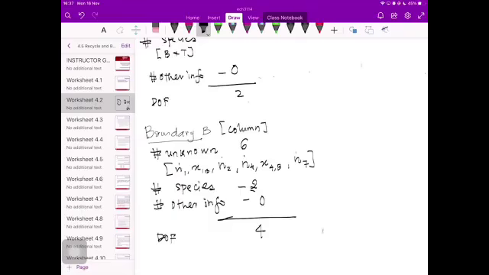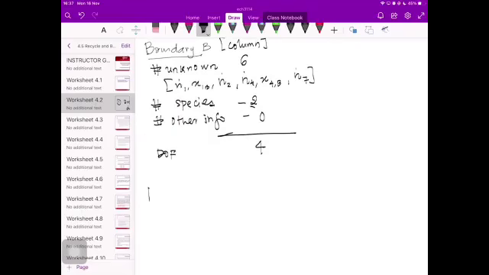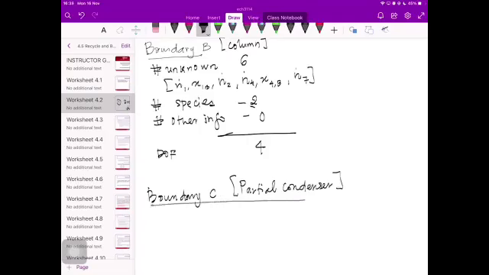Okay, let's look now at boundary C. Our boundary C is around the partial condenser. Okay, so how many unknowns do we have around the partial condenser?